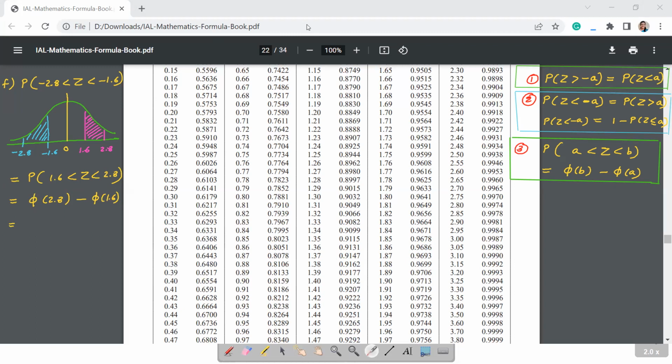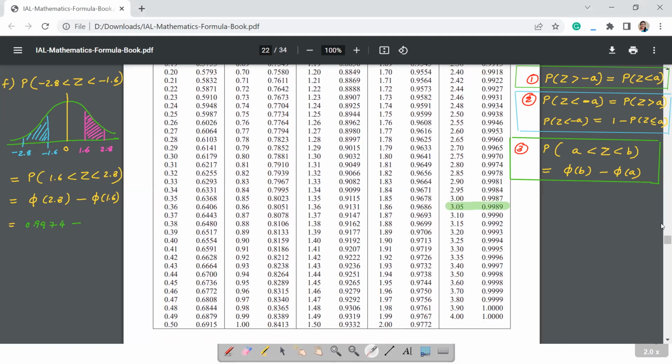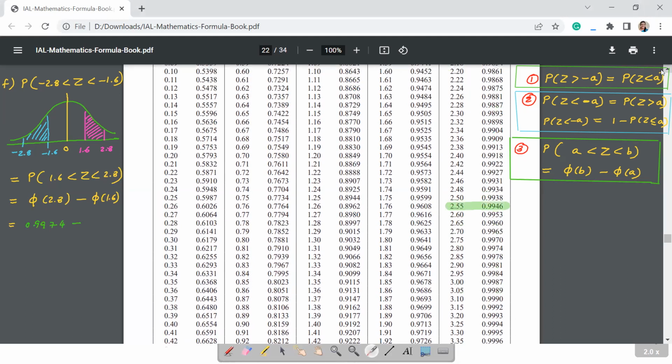So phi 2.8, you can get it from the table. 2.8, I can see it here, right? 0.9974. Can you guys see? I shaded it here. Minus phi 1.6. Do you see 1.6? I'll have to shade it, bring it down. 1.6 at the top here, right?